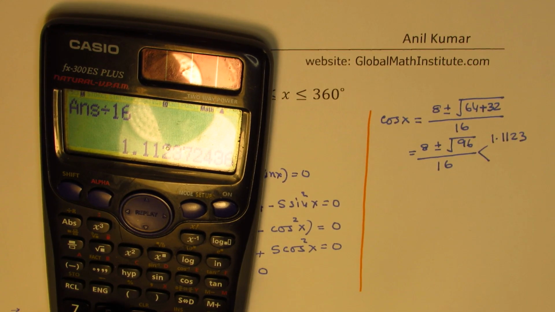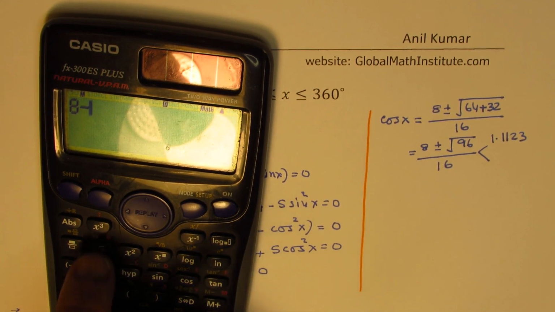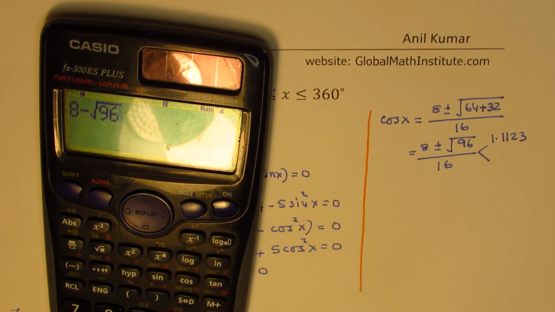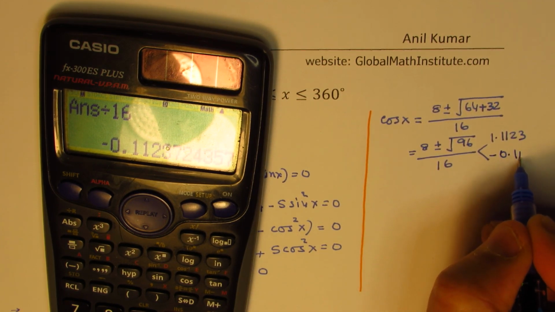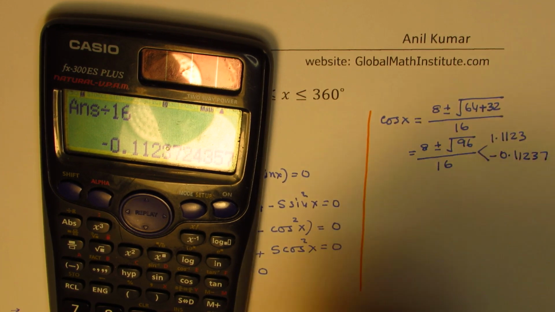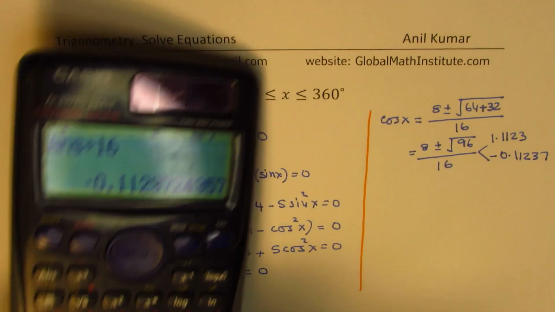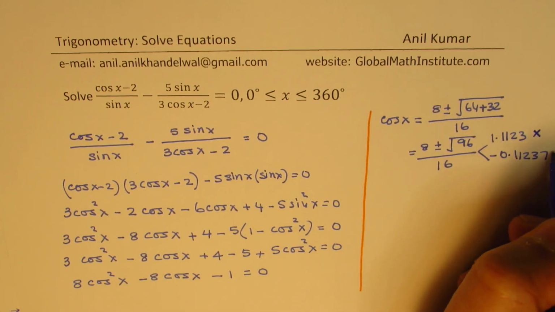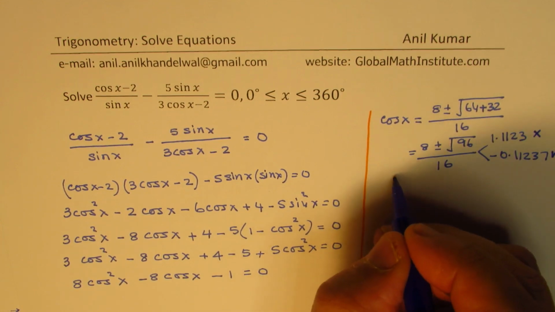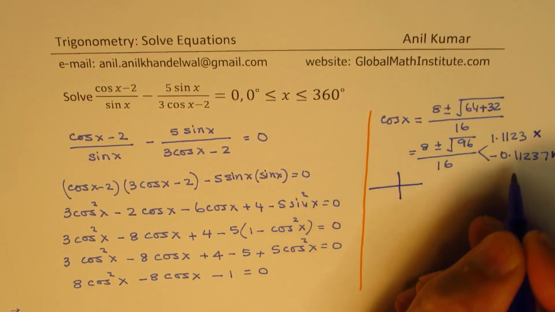The other value is 8 minus square root of 96 divided by 16, and that gives you decimal value minus 0.11237. Correct? So that should give you a valid solution. Right? Now for this we have no solution, but for this we have a solution. So we have basically two solutions.